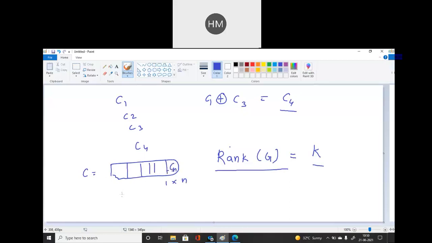C n. ठीक है, and how will I find the generator matrix? It is given by K cross N. You can define this generator matrix as this. What is I K, students? Can you tell me what is I? I क्या है, कोई बता सकता है?